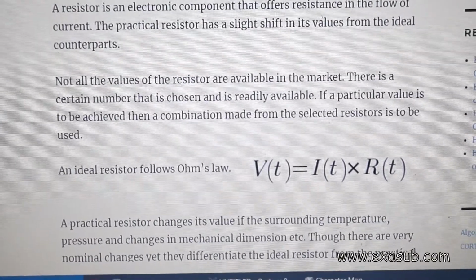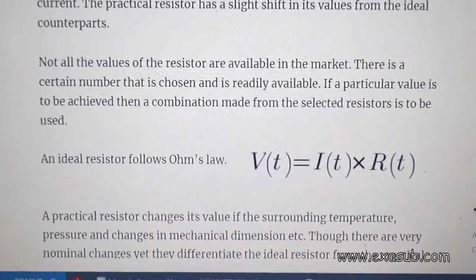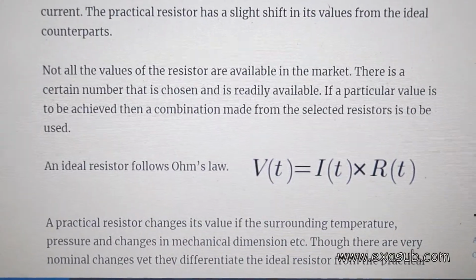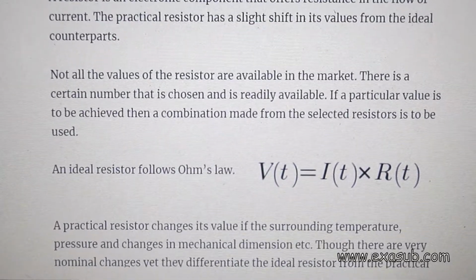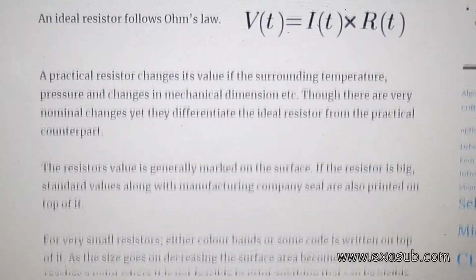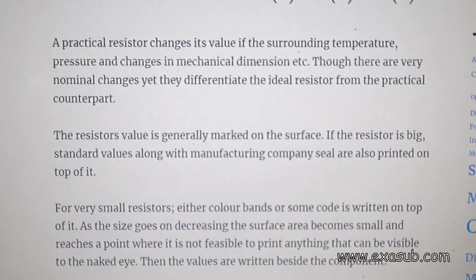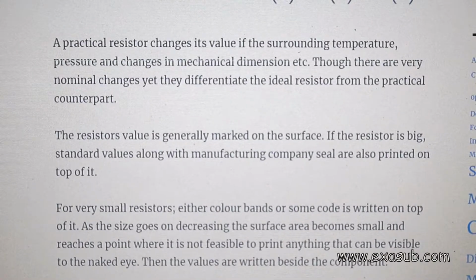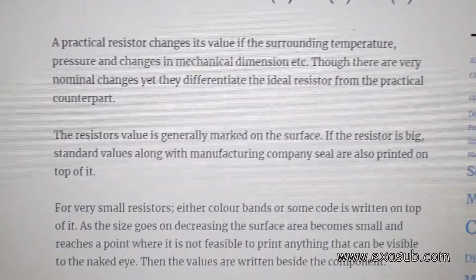A practical resistor changes its value if the surrounding temperature and pressure changes, or its mechanical dimension changes. Though there are very nominal changes, yet they differentiate the ideal resistor from the practical counterpart.